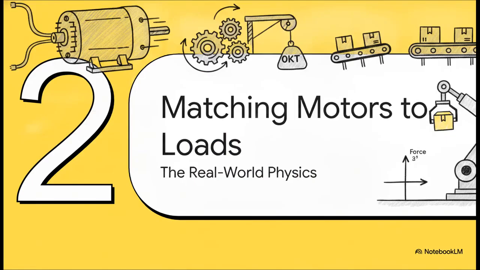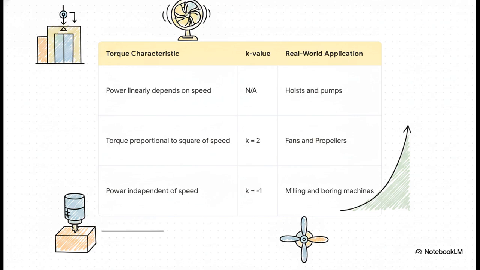Moving right along to Section 2, matching motors to loads, the real-world physics. We aren't just crunching arbitrary numbers here. We're trying to do real physical work in the real world. That brings us to the unique personality of the mechanical load itself. Just look at this table. Different applications demand completely different torque behaviors. Think about a massive industrial fan pushing air. Its torque requirement is proportional to the square of its speed, which gives it a K value of 2.